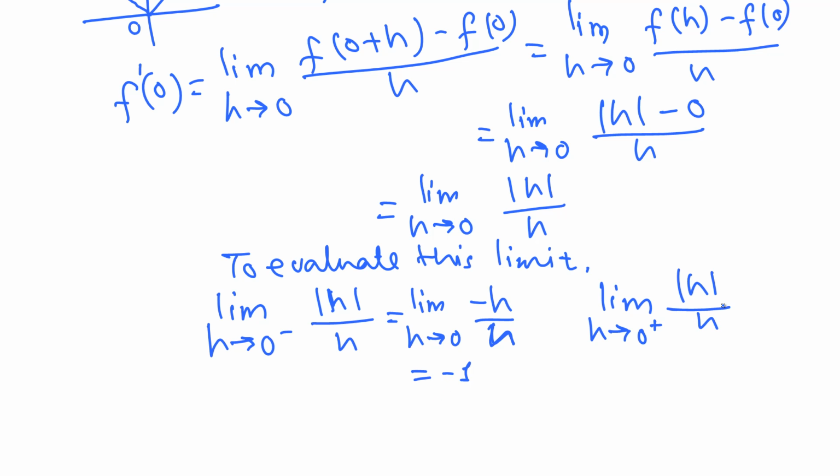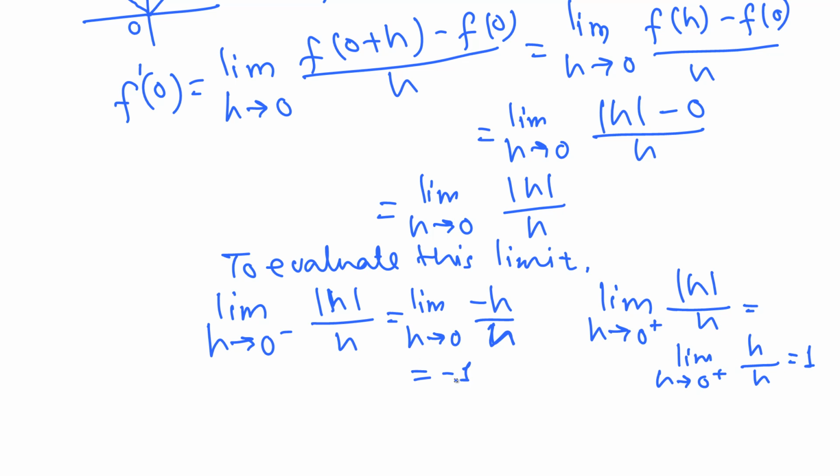In the same way, let's find the right hand limit. h is approaching 0 from the right side, which means h is bigger than 0. That means h is positive. So when h is positive, the absolute value of h is just h. Just h over h, they cancel, so 1.